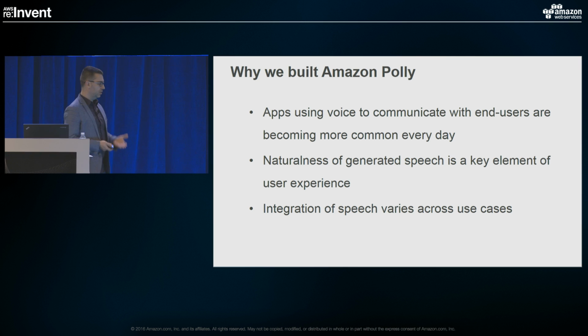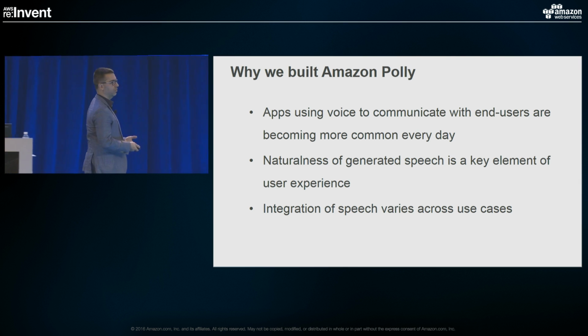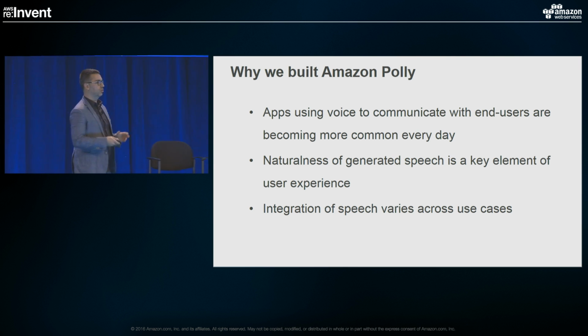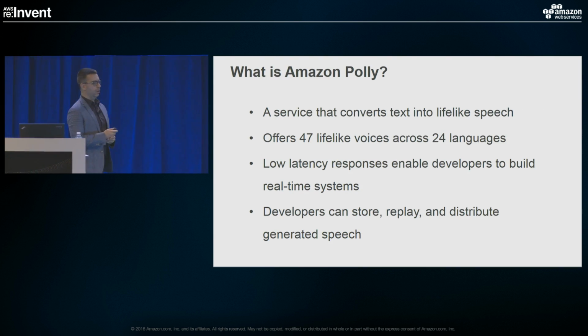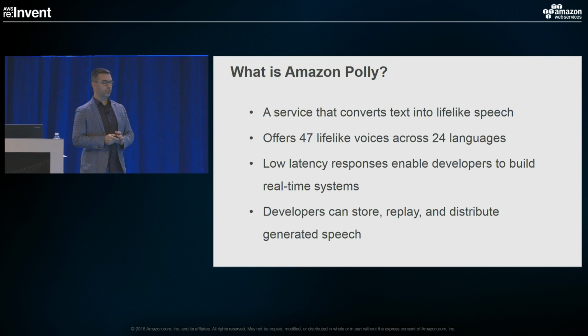With our text-to-speech system, we figured out that we have all the blocks and elements which allow us to address all those requirements of our customers. So, what is Amazon Polly? As I said, a service which turns text into lifelike speech. We offer 47 lifelike voices across 24 languages.